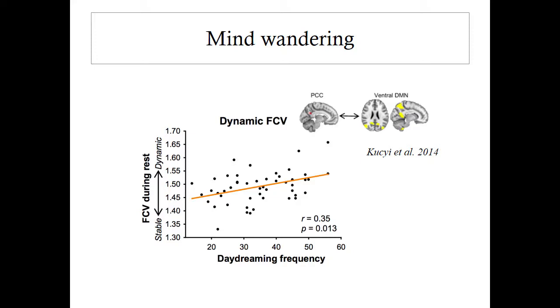And so what they did was they looked at the amount of variability in the connectivity between PCC and this subnetwork of the default mode network, and found that there was a relationship there between increased variability between those networks and increased amounts of mind wandering. But they had pointed out that if you took the static average relationship, then you wouldn't see a connection here.